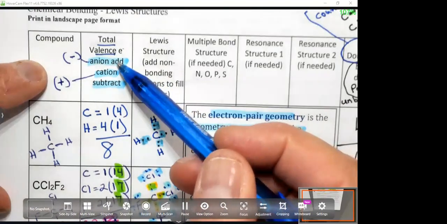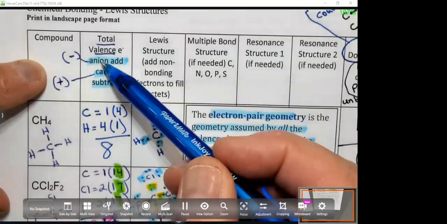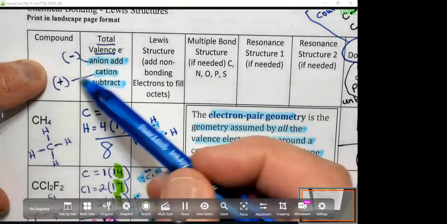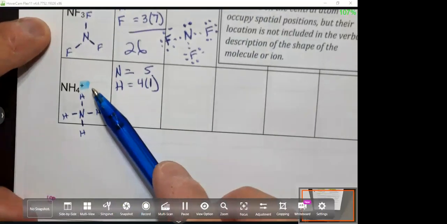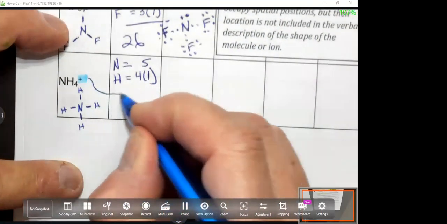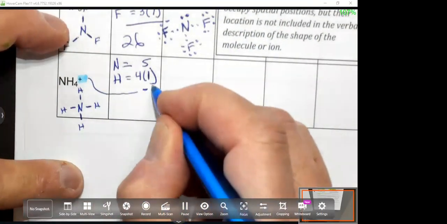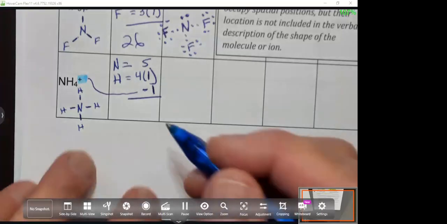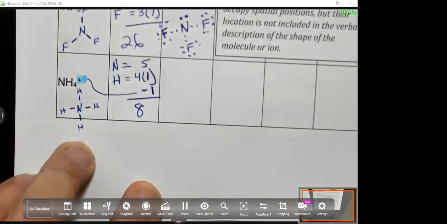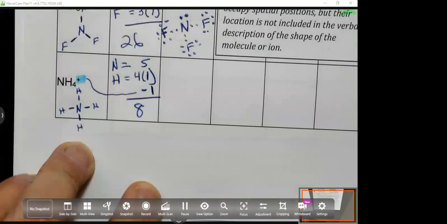So for total valence electrons, if you have a negative ion, you got to add. If you have a positive ion, we're going to subtract. We have a positive ion right here. So we need to subtract 1 electron. If we subtract 1 electron, our total valence electrons is 8, right? 8.